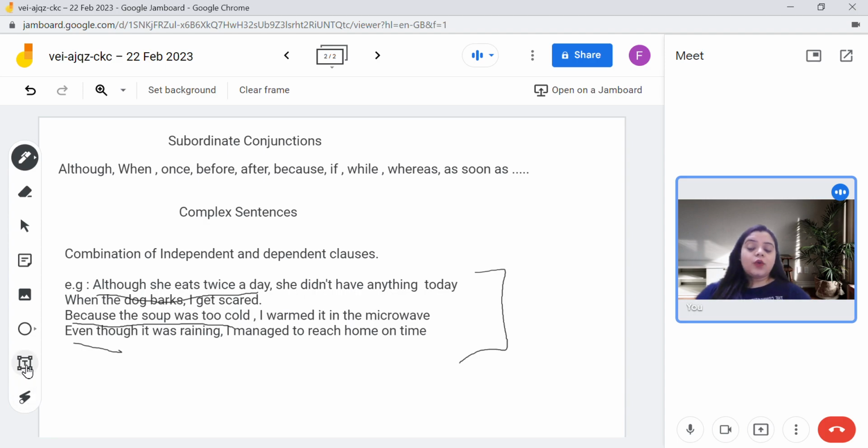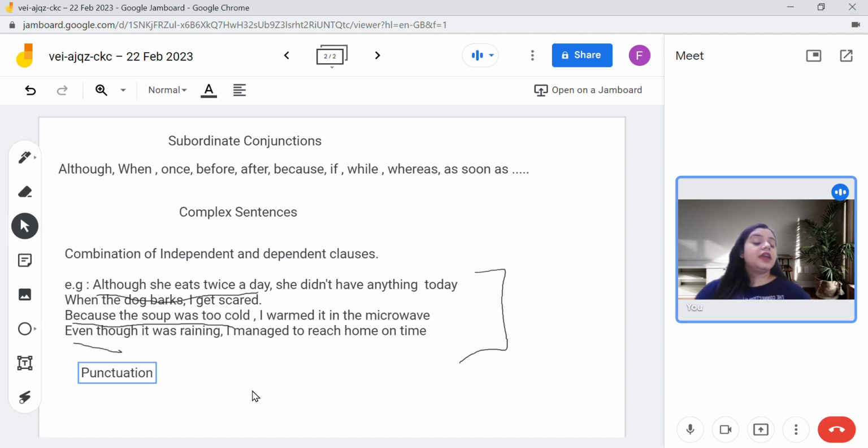One very important concept that comes into play here is punctuation. Because these complex sentences are a bit lengthier in nature, it is very important to put the desired commas and semicolons, to be precise, punctuation, in order to make them clearer.